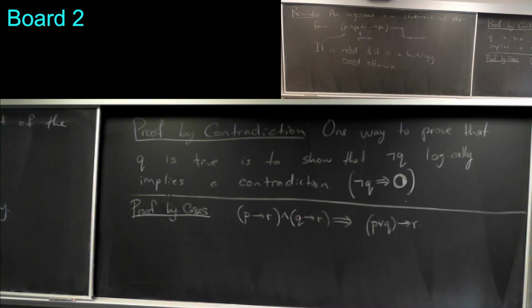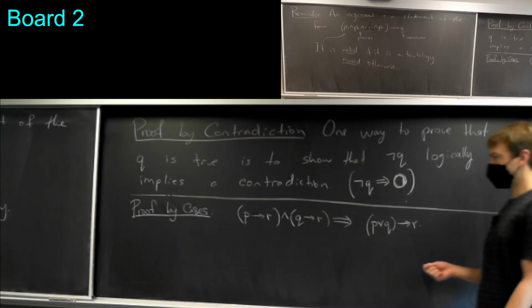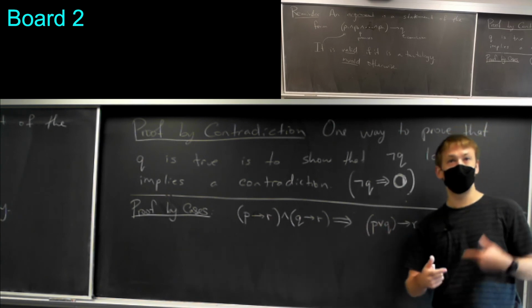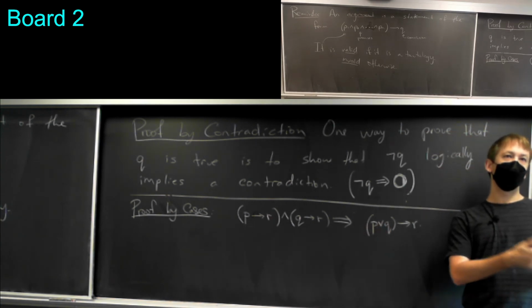And if I assume Q is true, then I get that R is true. Then if I assume P or Q is true, meaning at least one of them is true, that's going to give me that R is true.